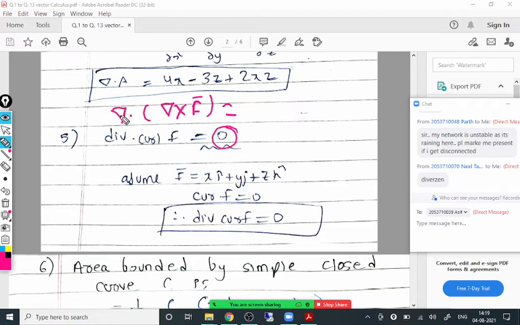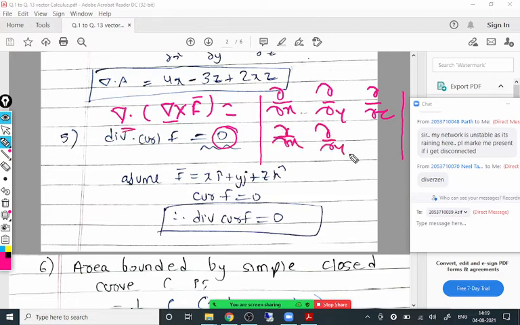You can take a simple logic. If you see, this is a determinant, this is a dot b cross c. What is a dot b cross c? Yes, anyone? A dot b cross c, this is the box product, is it? That's a box product. So what happens, the first one is the operator dou by dou x, dou by dou y, and dou by dou z. Second del is also the operator, so this is dou by dou x, dou by dou y, dou by dou z. And third is f1, f2, f3.